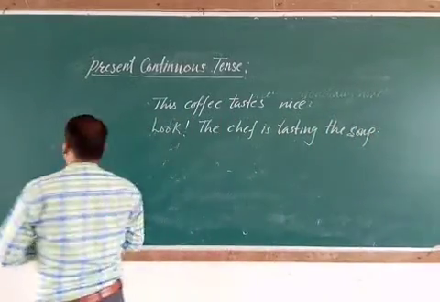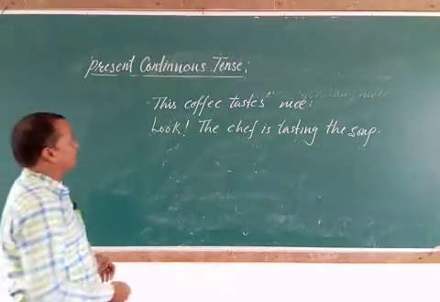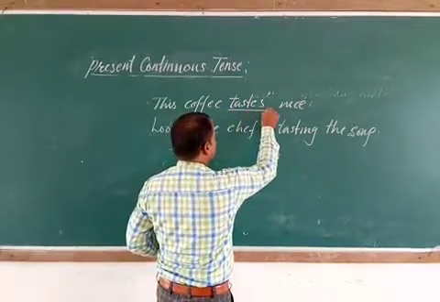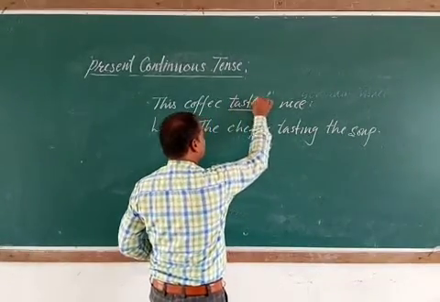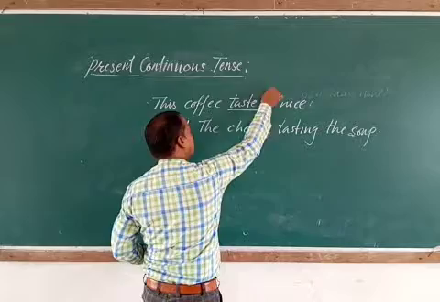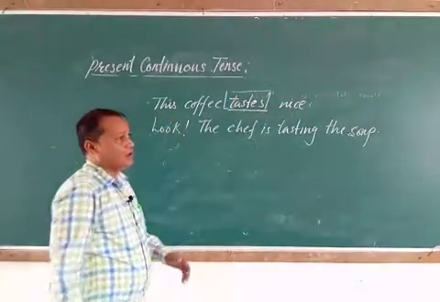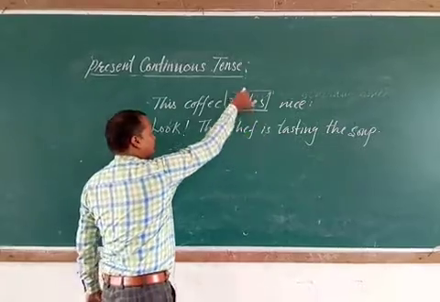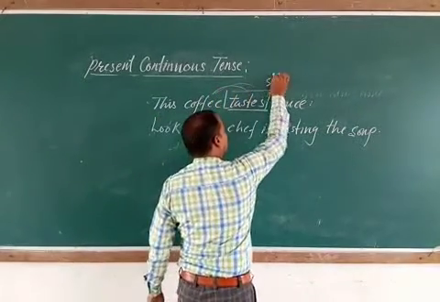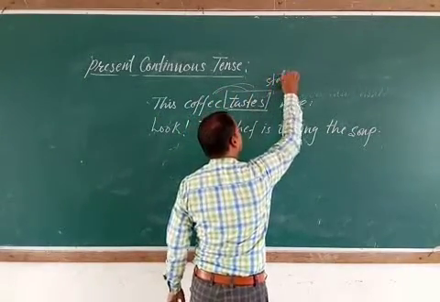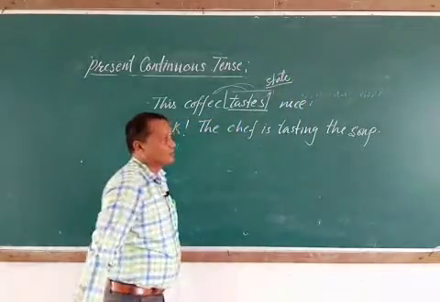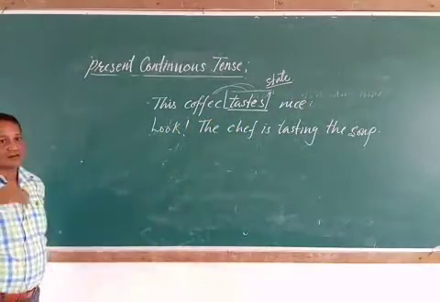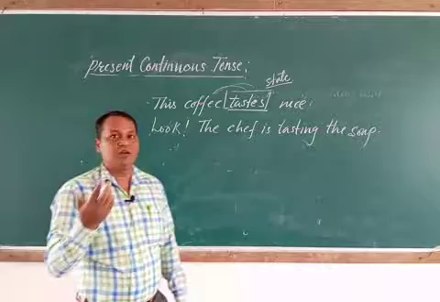So watch carefully. In the first sentence we have used taste. So here taste shows the state of the coffee, means what is the status of the coffee. Coffee is nice. It can be our opinion also.